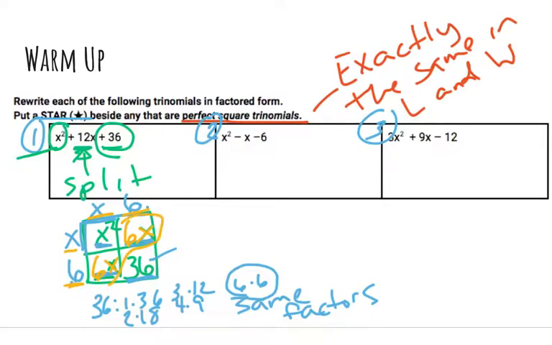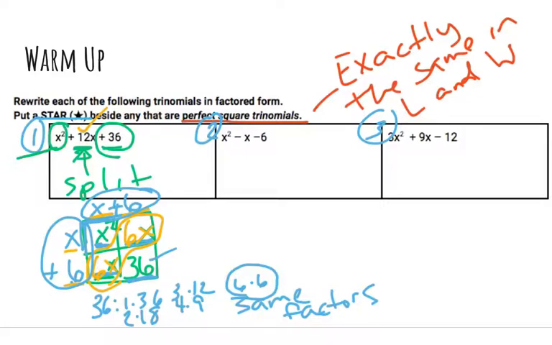And 6x plus 6x gives me 12x. All right. So we got to make sure it matches that trinomial, right? That trinomial that's in standard form. And it does. And almost more importantly, it gives me identical sides, x plus 6 and x plus 6. Nothing can be different about these at all.